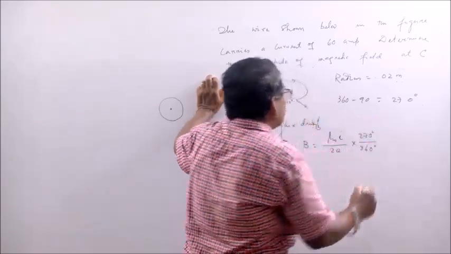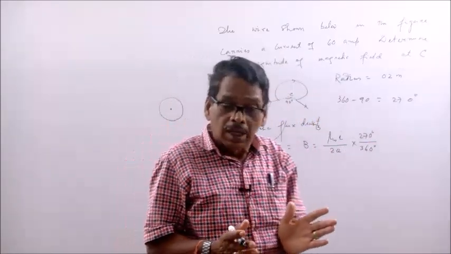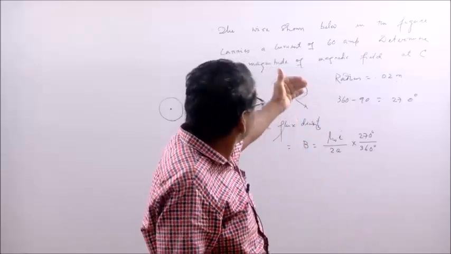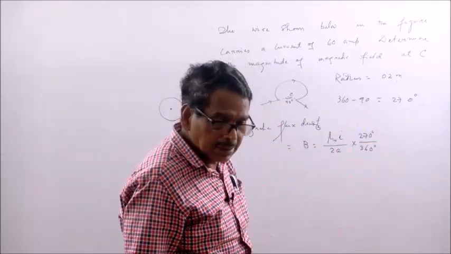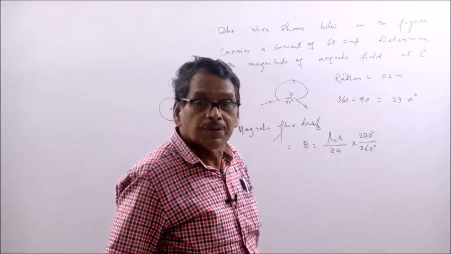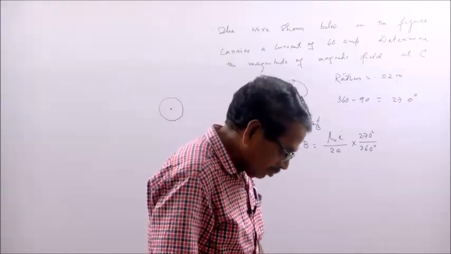This is a simple question, and in the examination the angle may be different. For 360 degrees this is the angle; for 270 degrees, you can calculate how much it will be.